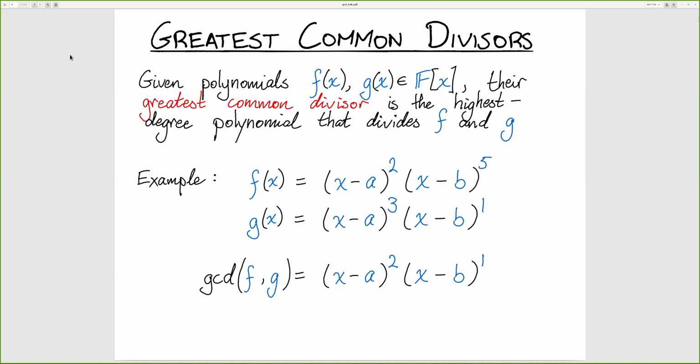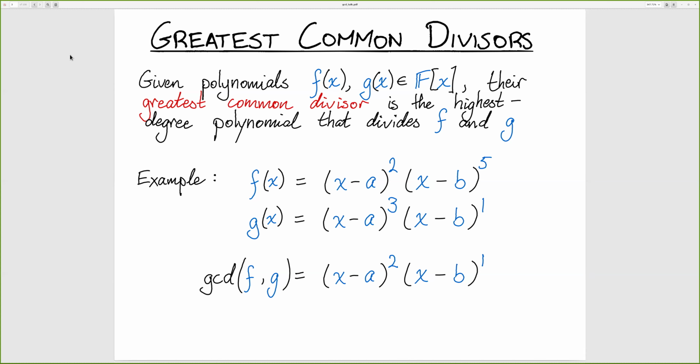It's the middle of the week, so maybe your coffee has kicked in, you're in working mode, but just as a reminder, say I have two polynomials here, f and g, and I've factored them. f has some factor, say x minus a with a square, and some factor x minus b with a power 5, and g has the same factors, but with different multiplicities.